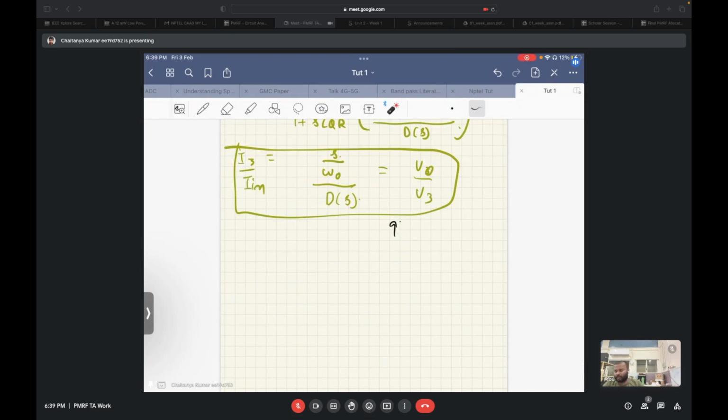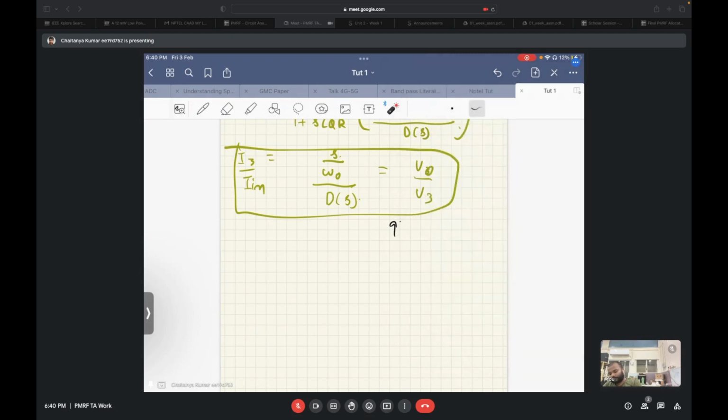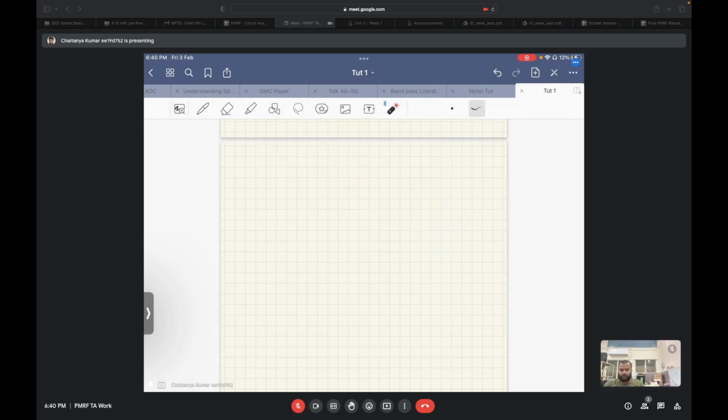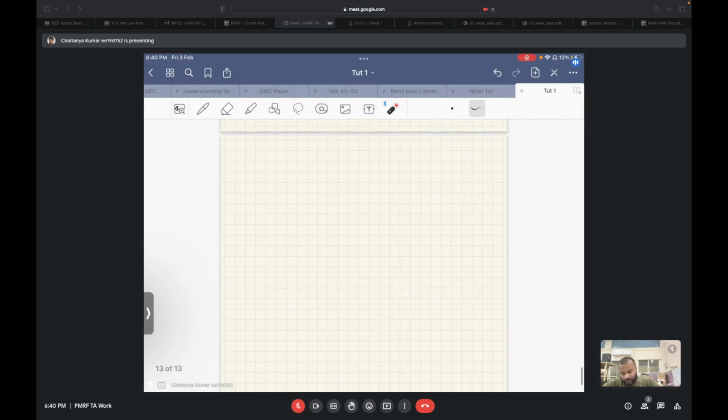Similarly, with two op amps, we can make other filters. Since we analyzed a low pass filter, we will now analyze a band pass filter. So the band pass filter case is as follows. This is how a band pass filter is made.